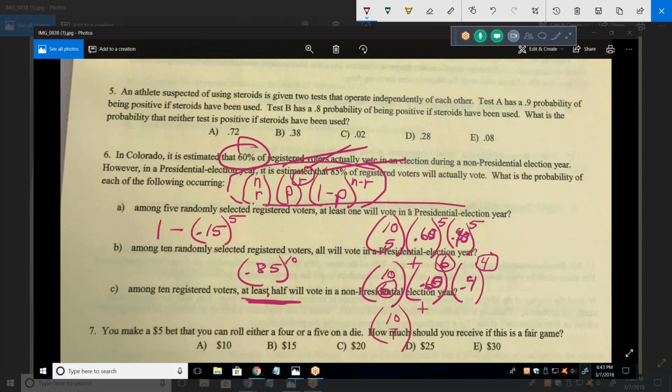Now, I don't see a shortcut at all for doing this. Well, we know this is a binomial equation. It uses the binomial equation, but it also uses the probabilities, which the binomial doesn't use.